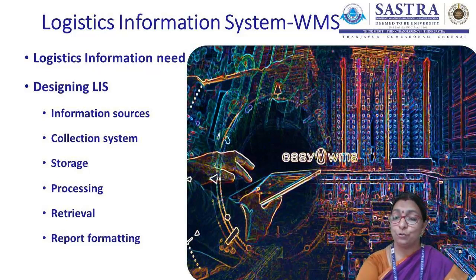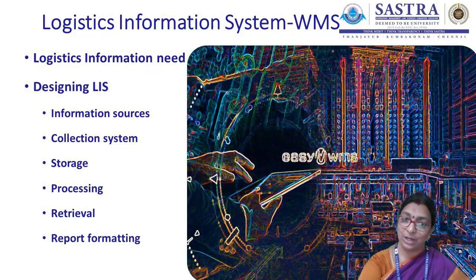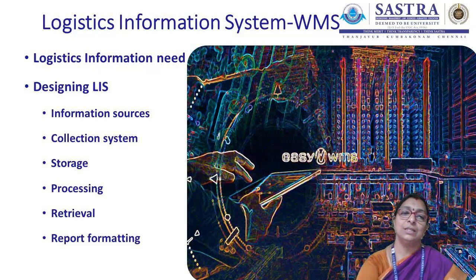So the degree of success of the decision, of either the logistic movement or the supply chain movement, largely depends on the quality of the information, the timeliness, and the form of information, that is the report we are presenting.